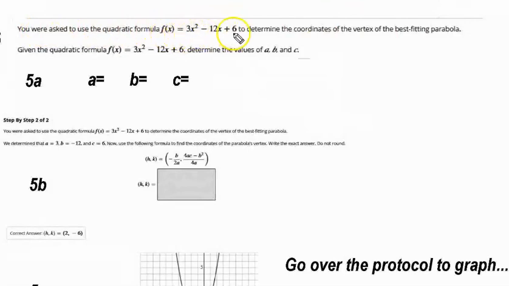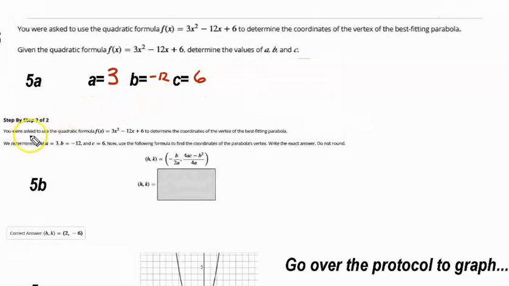Here's the formula they're giving us, and we're asked to first identify, in standard form, what A, B, and C are. Well, our A will be 3, our B is a negative 12, and our C is a 6.